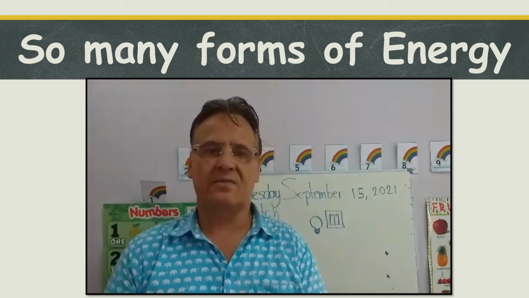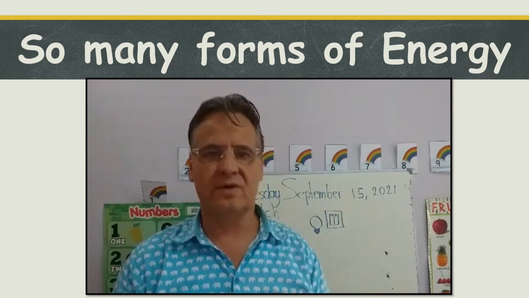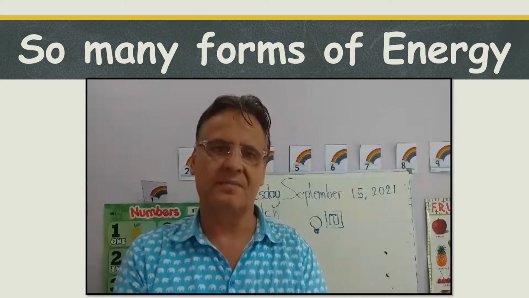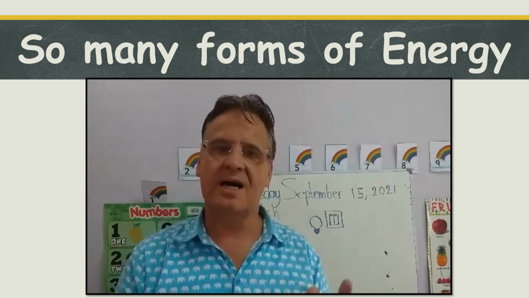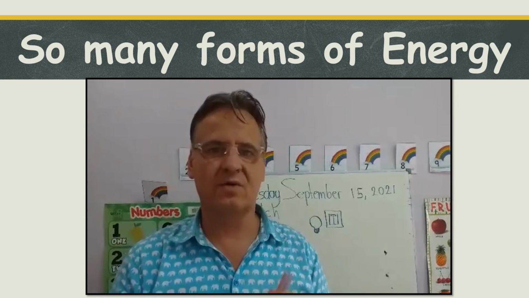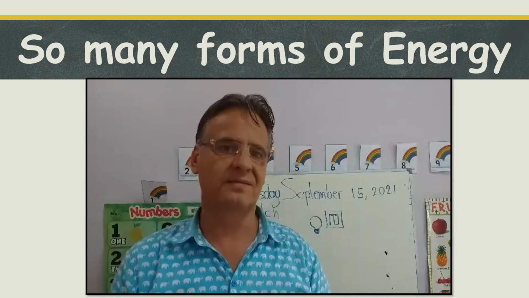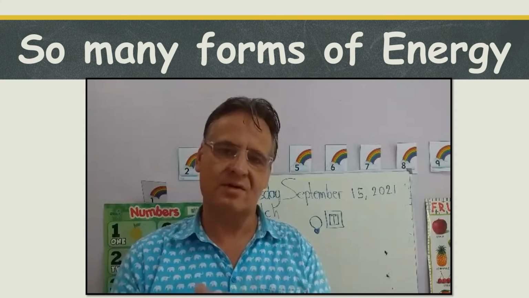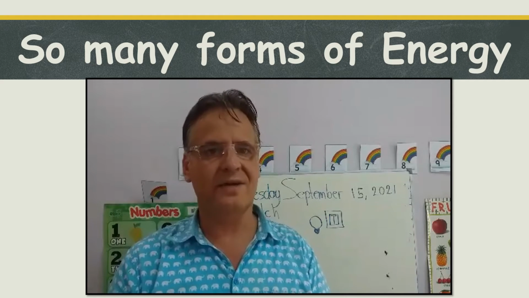Like I said when we started the video, let's look at those forms of energy one more time. We will look at them carefully and we will take our time and read them again so we know and remember these forms of energy. Okay, so let's have a look at the forms of energy again, and then I will see you after that.